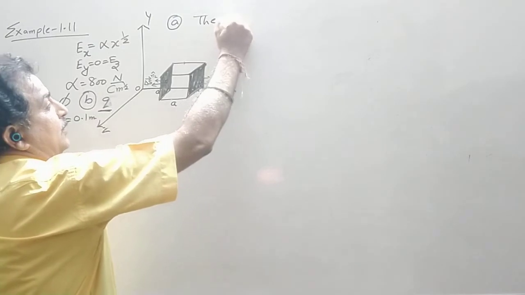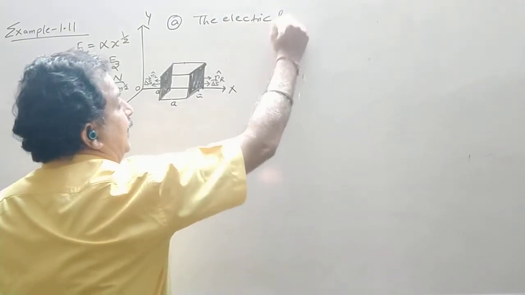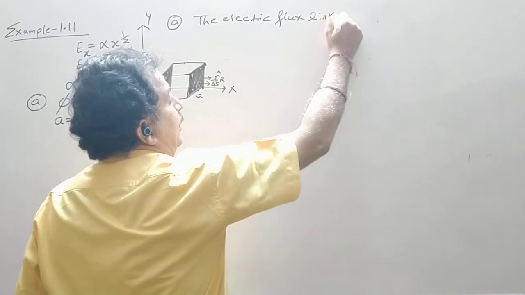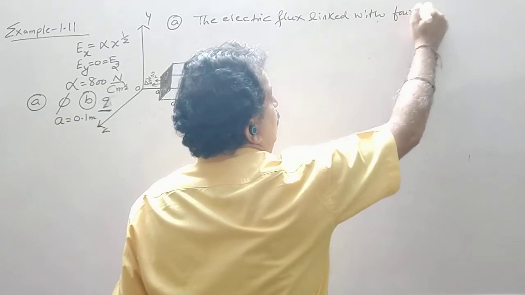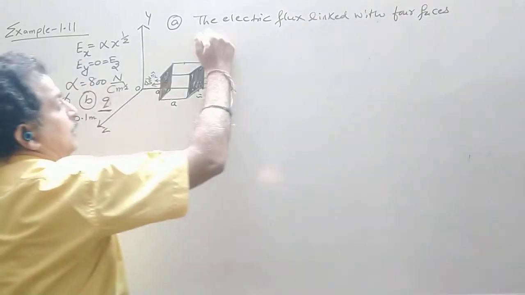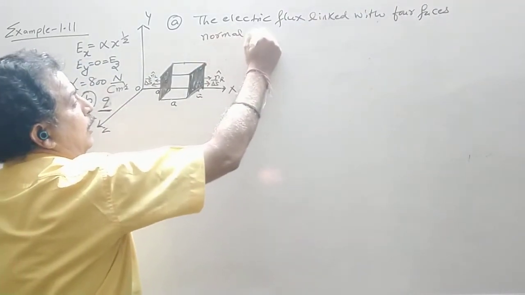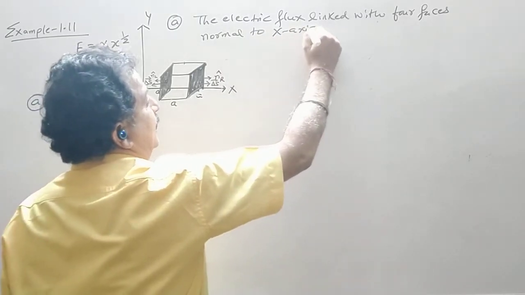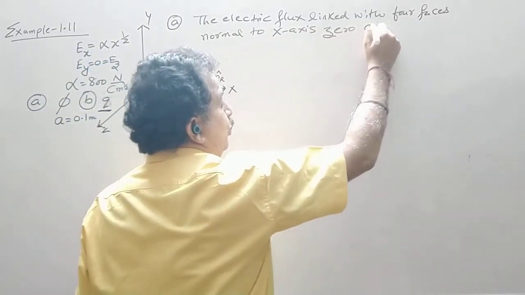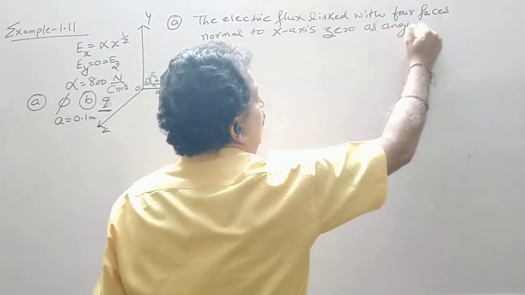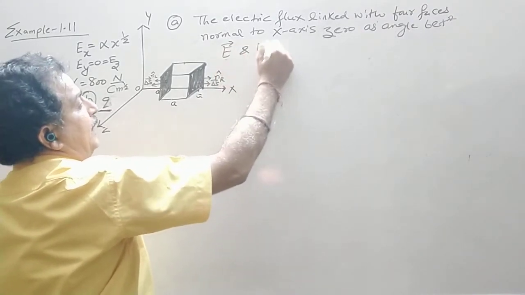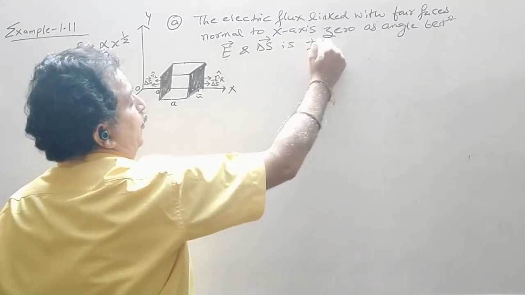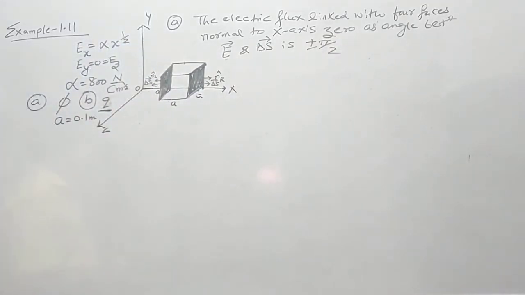The electric flux linked with 4 faces parallel to the x-axis is 0, as the angle between E vector and delta S vector is plus minus pi by 2. So the flux contribution will be 0.